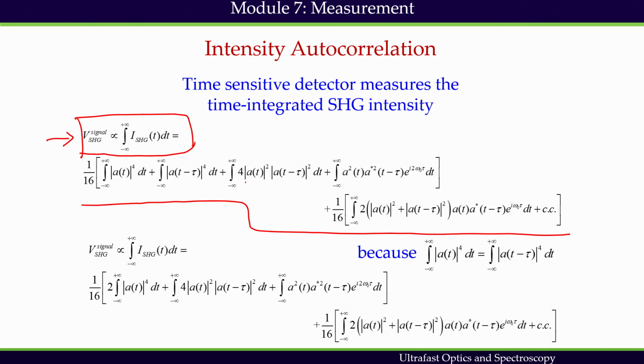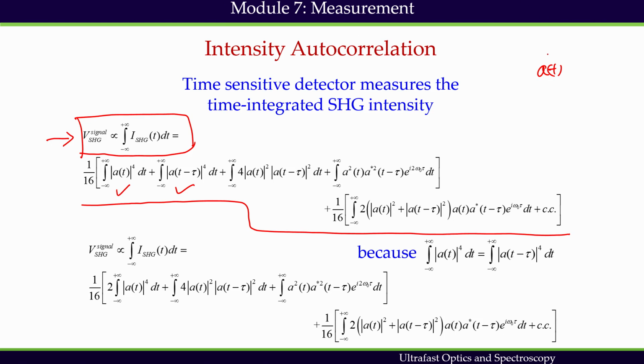Now, if we look at these first two terms, what does it mean? They are the intensity of the SHG beam created by individual pulses. AT is the field envelope of the input beam.